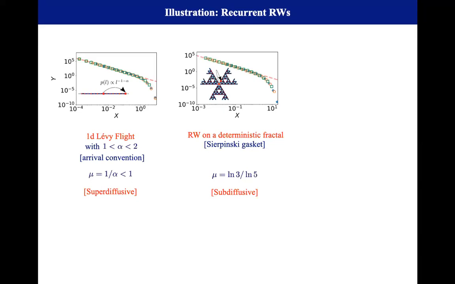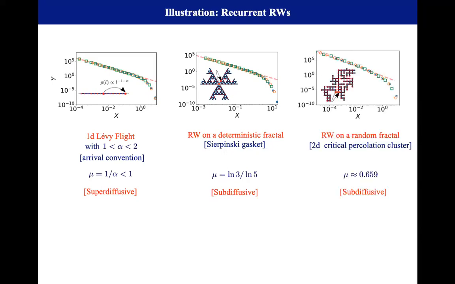You can also consider the example we heard about this morning, a random walk on a deterministic fractal, here the Sierpinski gasket. This time you have a subdiffusive behavior, and you are still in the recurrent case. Finally, you can also consider a random walk on a random fractal. Here, the example is a 2D critical percolation cluster, which leads again to subdiffusion.